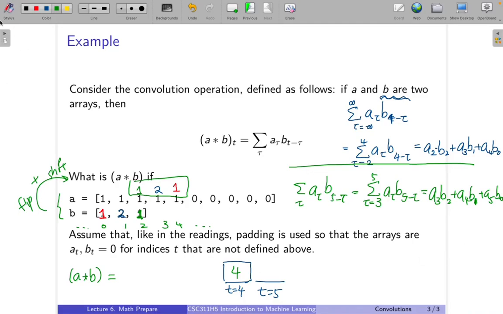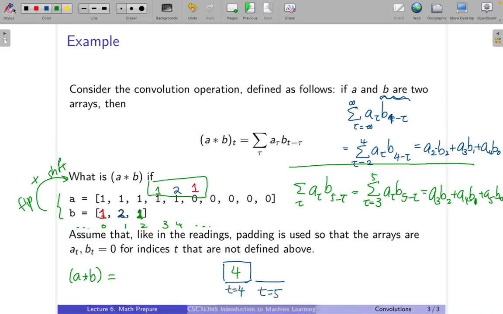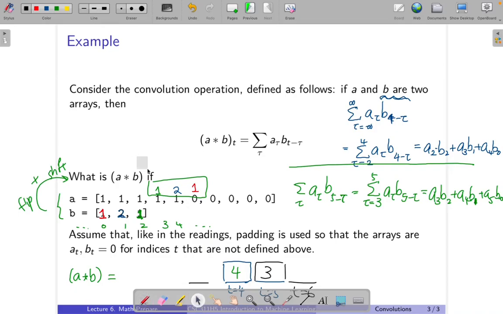So again, we have this flip and shift. Now I'm shifting my B over by 1. And once I do the multiplication and summation, I get the number 3. And we could keep doing that. So for t equals 6, what I can do is take my flipped B and shift it over.